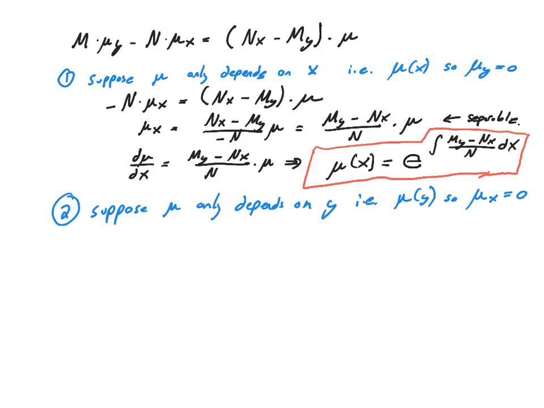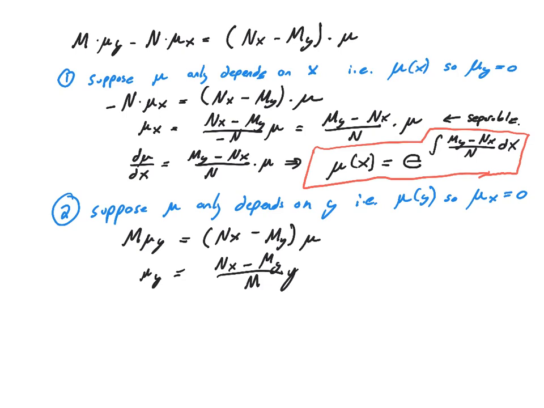And here's what we're left with: m times mu sub y is equal to n sub x minus m sub y times mu. And again, this is going to be separable. So we have mu sub y is equal to n sub x minus m sub y divided by m times mu. And just like before, that's separable, and that's easy to solve.